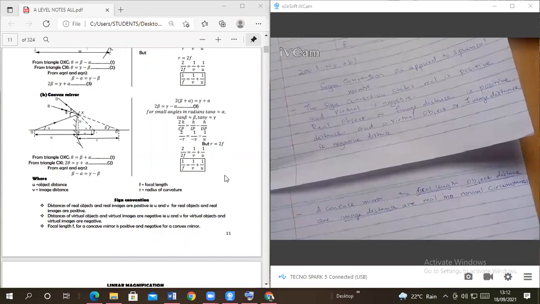Sandra, when do we have a virtual image distance in a concave mirror? Sandra. Stephen. Sandra, are you there?